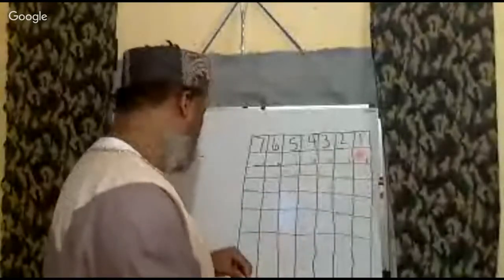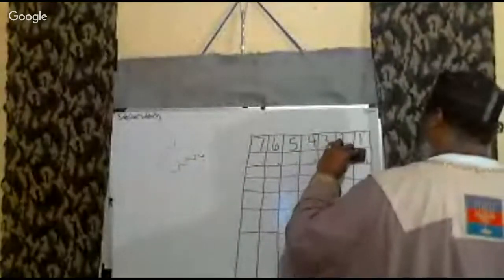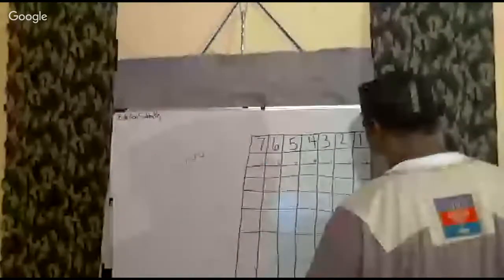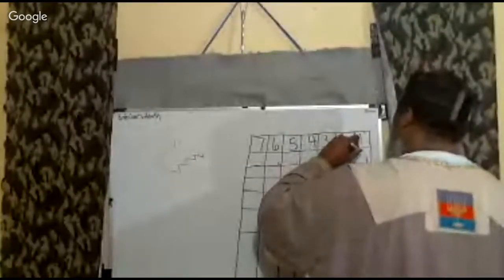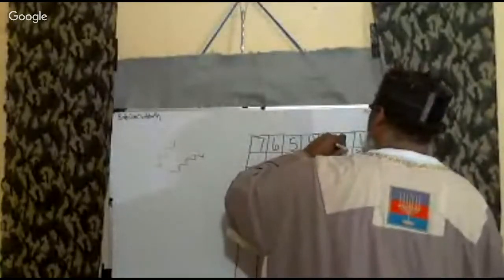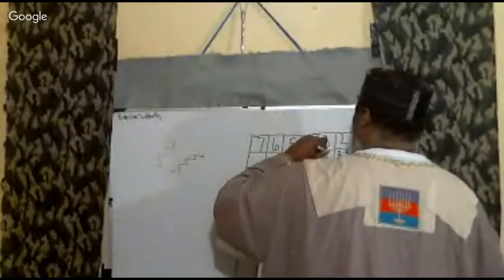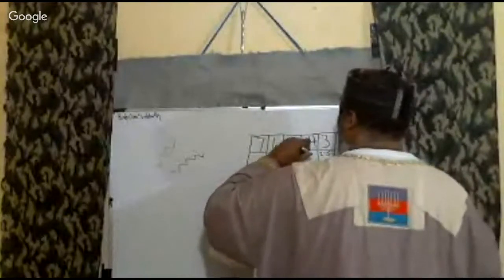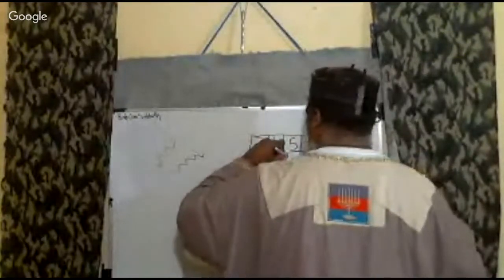Now on the Gentile calendar, it said February 3rd. All right. So it said like 2, 3, and 2, 4, 2, 5, 2, 6, 2, 7.